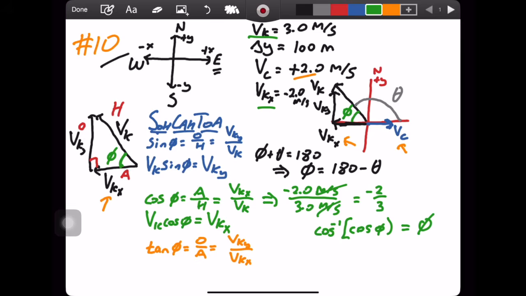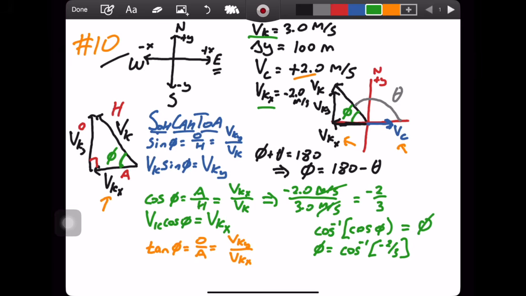If we take the arc cosine, or sometimes the inverse cosine as it's called, to both sides, we get phi is equal to the inverse cosine of negative 2/3. And so I'm plugging that into my calculator right now.